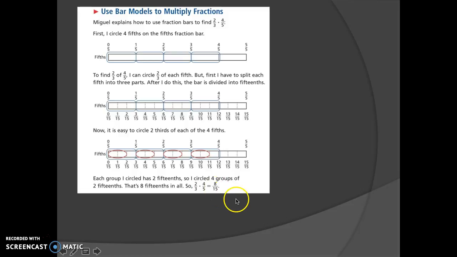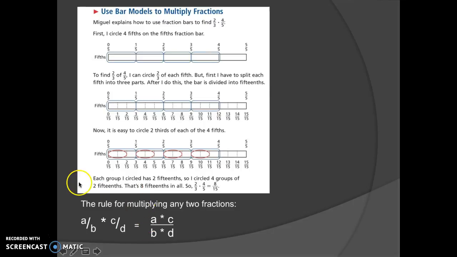Easy cheesy, right? So if we were to show that as a formula, formulas are usually shown with letters. So here's our rule. When we multiply any two fractions, so these letters just represent different numbers, A over B times C over D, we're simply multiplying the two numerators and multiplying the two denominators.